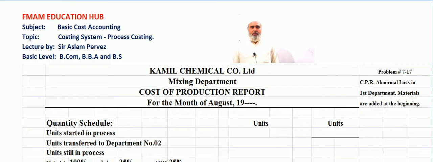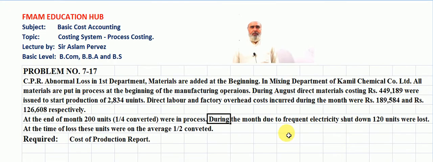Dear students, let's move to its 17th problem: abnormal loss in first department, and also materials are added at the beginning.